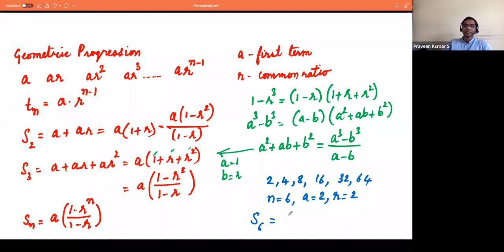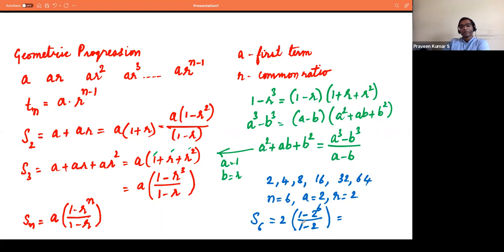Yes, S6 is equal to a into 1 minus r to the power of n, so 2 into 1 minus 2 to the power of 6, divided by 1 minus 2.